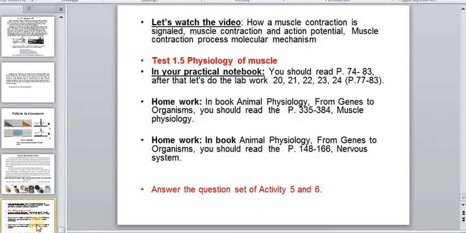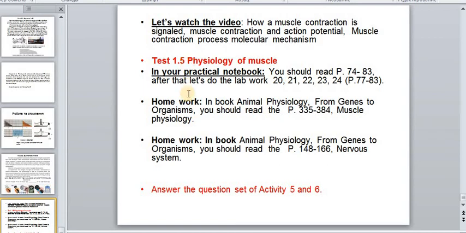So at the end, as usual, I want to show you your homework. Here you see the homework in your book Animal Physiology about muscle physiology, and for our next practical I ask you to read pages about the nervous system, and as usual we have tests about this term, physiology of muscles.